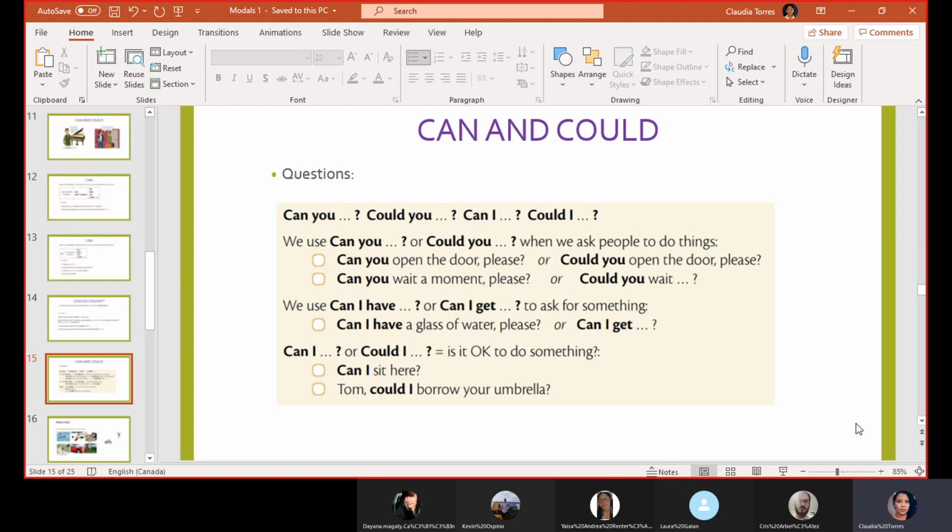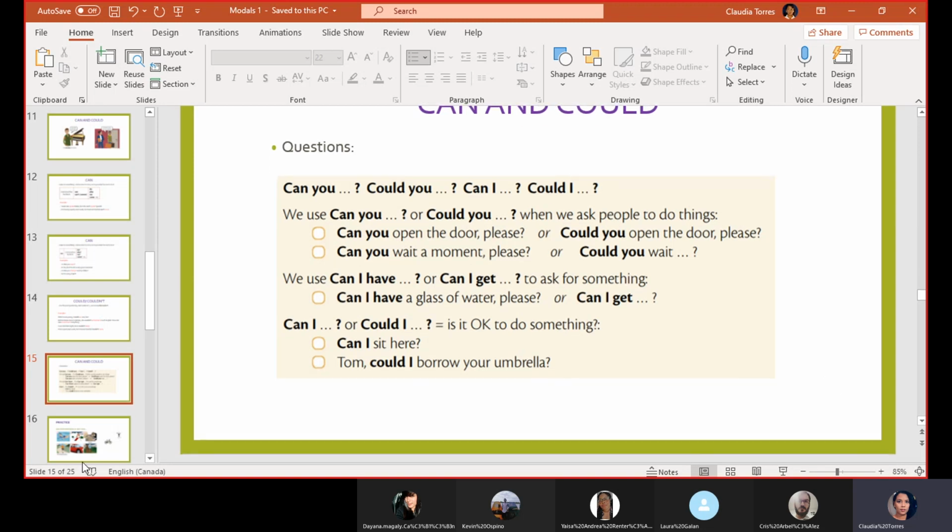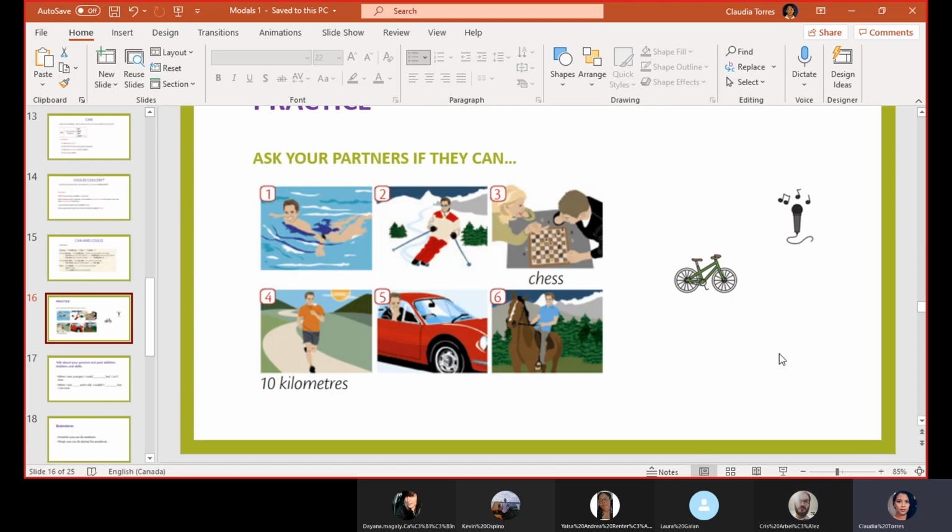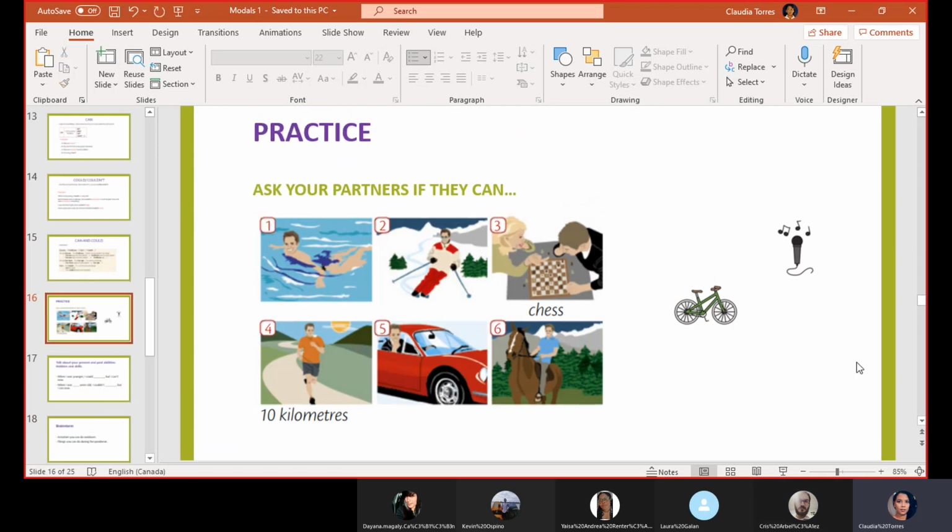Okay, so if you don't have questions about this, let's try to move to the practice. So here you have some pictures, and these pictures are about activities. So you're gonna ask your partners. Again, I know Kevin, Yaisa, and Diana can't speak because they're having problems, so they can write in the chat. Well, Chris and Laura, if you want, you can ask each other about these ones.